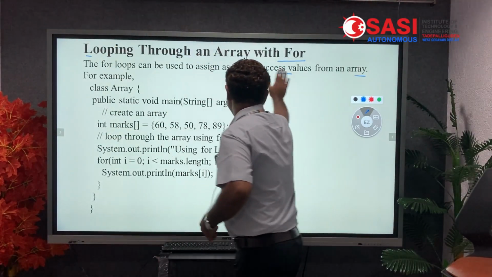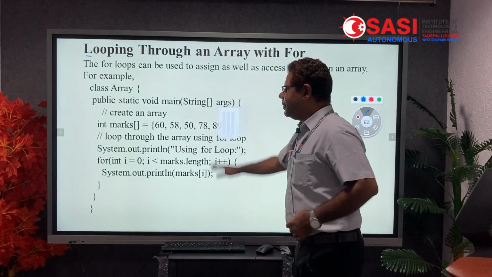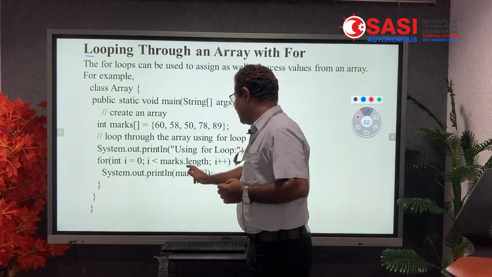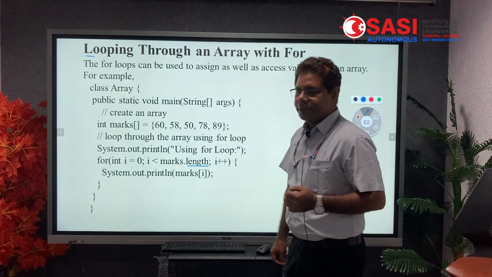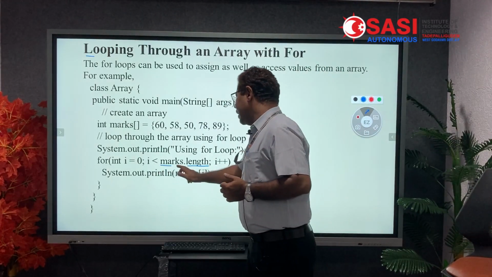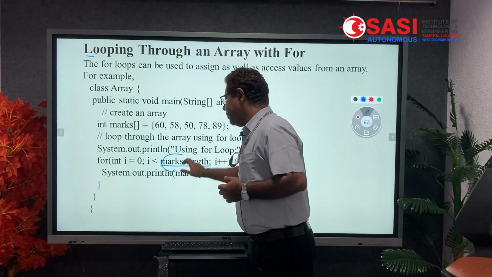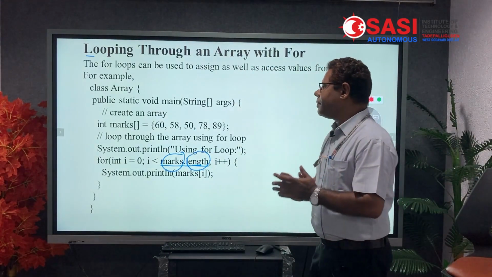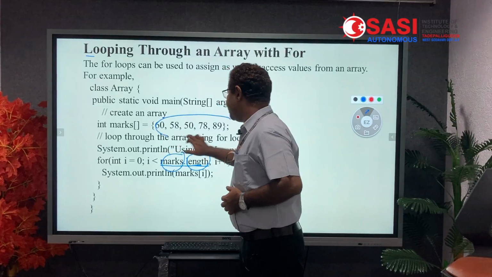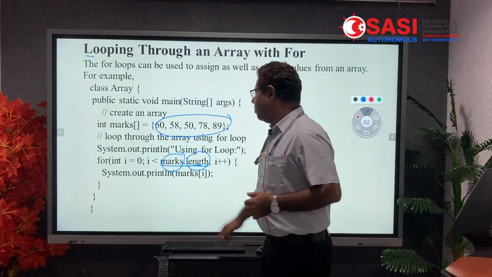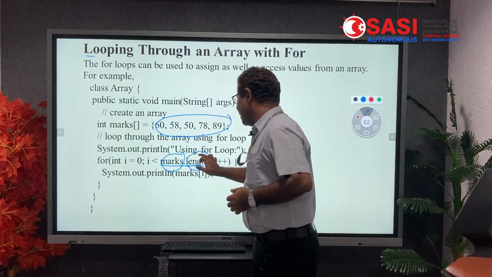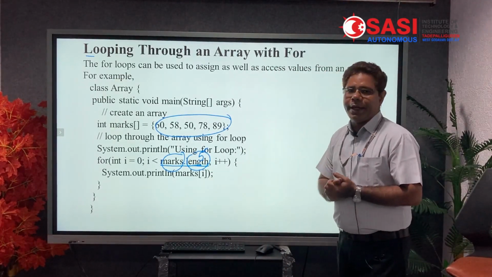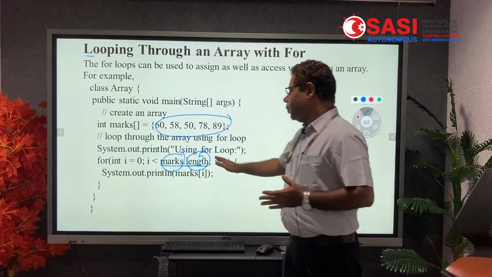In the for loop, first we find the length of the array. To find the length of the array we have the length property. So mocks.length, mocks is the array name, dot length, it will return the size of the array. Here the size of the array is 5 elements, so mocks.length will return 5. That means now the for loop is repeated from 0 to 5.